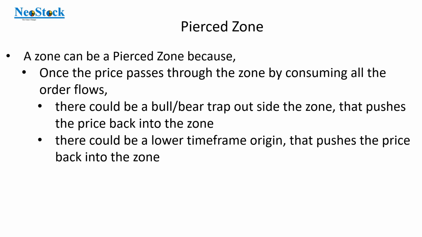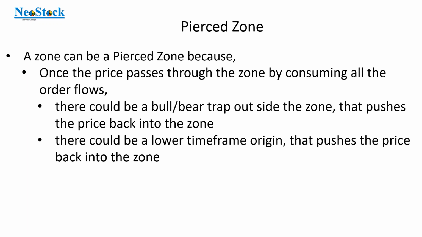In short, a lower time frame zone as a horizon means the lower time frame zone is overlapped with the higher time frame zone at the distal line. That means a part of the order flow is inside the zone and another part of the order flow is outside the zone within the lower time frame. It is inside the higher time frame zone and another part outside the higher time frame zone.